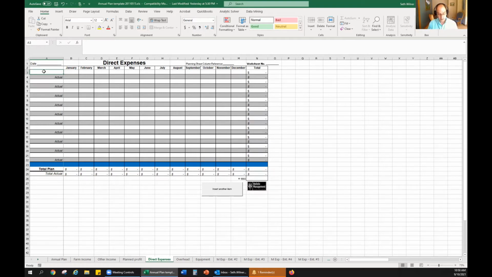But here's where this will be easier to project than your revenue, I think, because you can go and say, how much seed am I going to have to buy? Maybe you're going to buy in plants. Maybe you're going to buy in fertilizer. Maybe you're going to buy in compost. Maybe you're going to buy in hand tools.